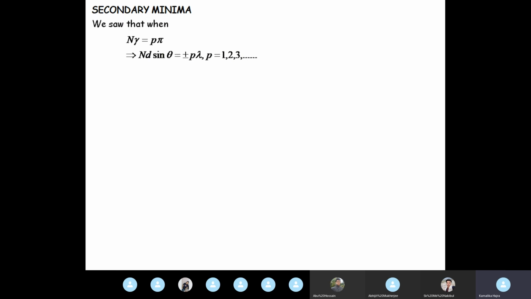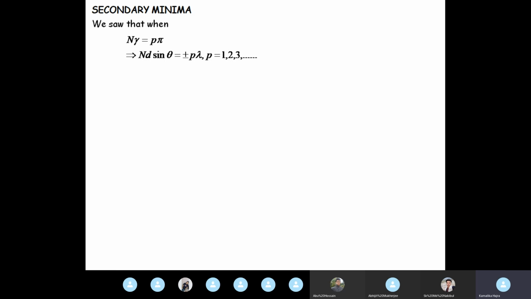We saw that secondary minima are the positions when sine N gamma equals 0, which means N gamma equals p pi, so that putting the value of gamma, you get N d sine theta equals p lambda, and p can be any integer. Now ideally p can be any integer 0, 1, 2, 3, etc.